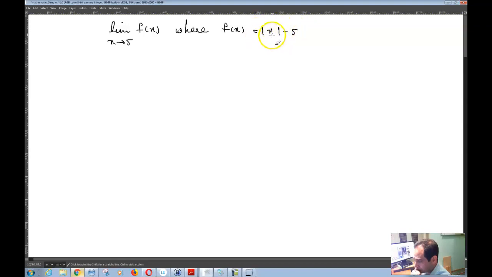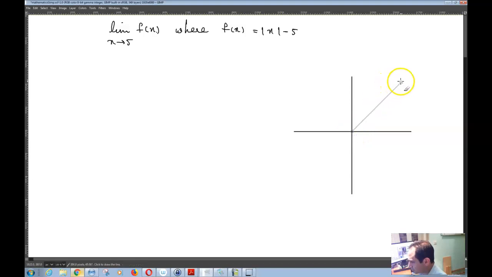This is going to be the absolute value of x minus 5. That means you're going to have a function like this, but of course then you have to move it down 5 units, so 1, 2, 3, 4, and 5. So then you would get a function like this, and that's basically your function, right?